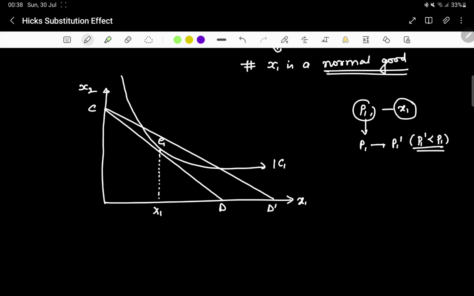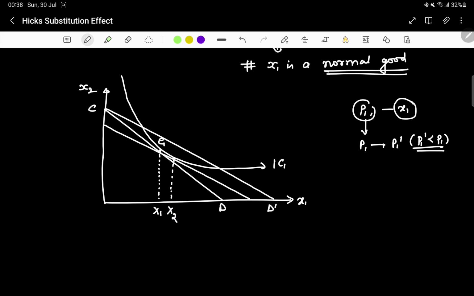Now what does Hicks say? Hicks says you have to compensate the customer in such a way that you keep the utility of that particular individual the same. Means you have to draw a different budget line which is tangent to this indifference curve. So it will pass like this, and let's say they are touching at this point.